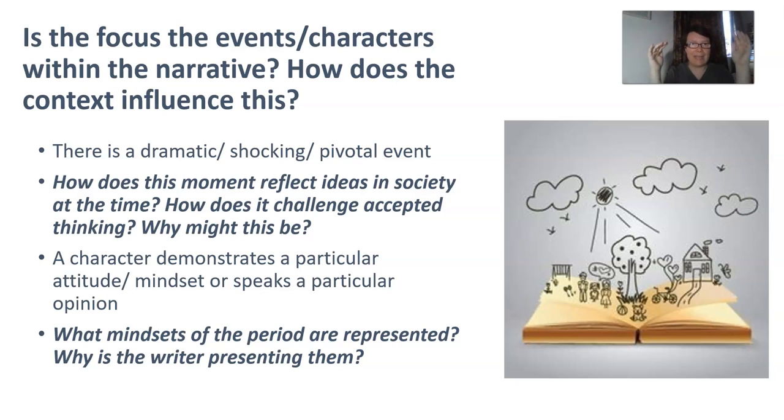So the whole text is a commentary on modern America. Individual moments are a commentary on specific things in modern America. And then you've got characters that also symbolize particular groupings. And so we want to say, what are the mindsets that are presented and why are they presenting them?